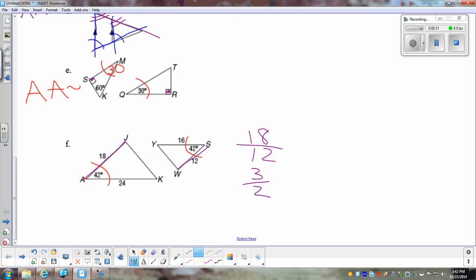The big side of my big triangle is 24. The big side of my little triangle is 16. And again, I get 3/2. So these are proportional. So these two triangles are similar by side angle side similarity.